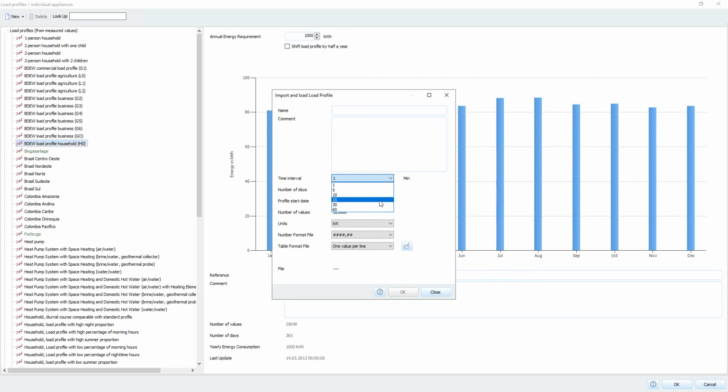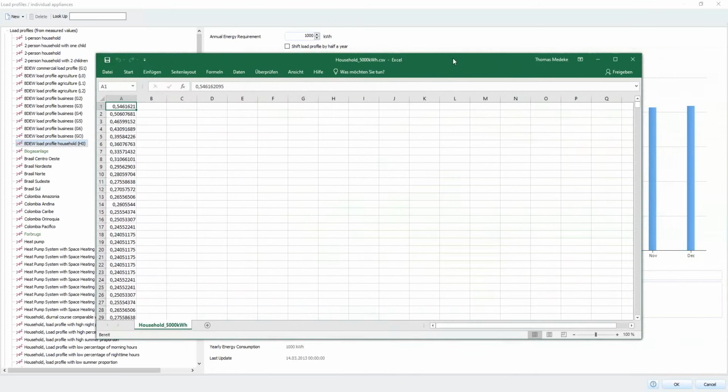We have 15 minutes resolution, and then the number of days, for example, if it's a leap year or not, 365 or 366 possible, and the start date here. The profile is from 2022 and starts at January 1st. And this definition defines the number of values, the 35,040 values, which you should have in your file.